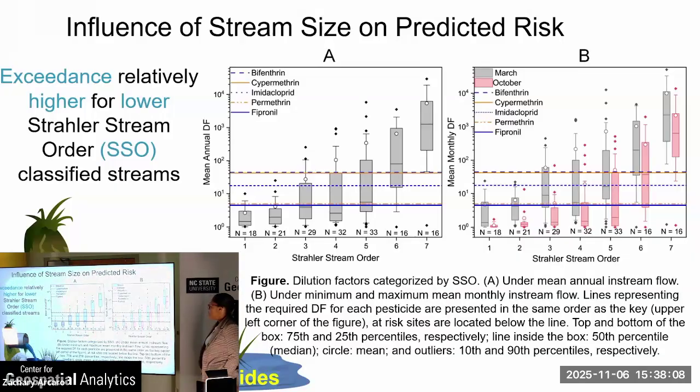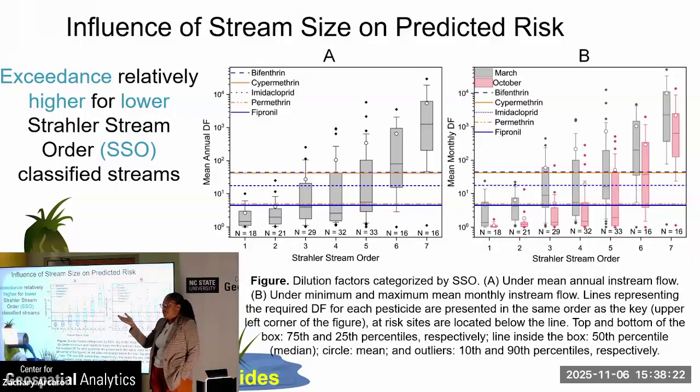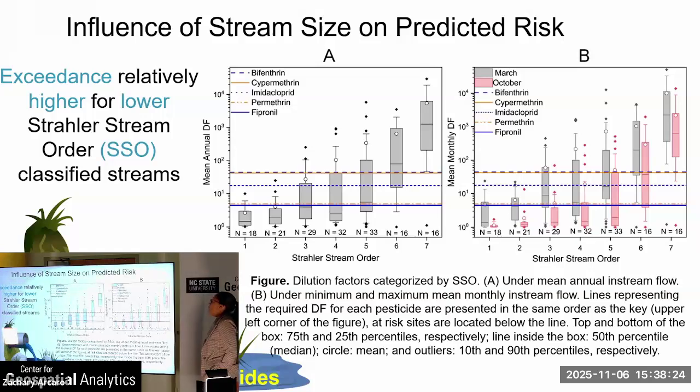So Strahler stream order, as I'm sure many of you are aware, is a measure of the size of a stream. It's a hierarchical measurement. So stream order 1 and stream order 1 at the confluence will build a stream order 2, right? And so on. And so with that, the higher the number, the more the stream flow, also the less fluctuations in stream flow you would expect.